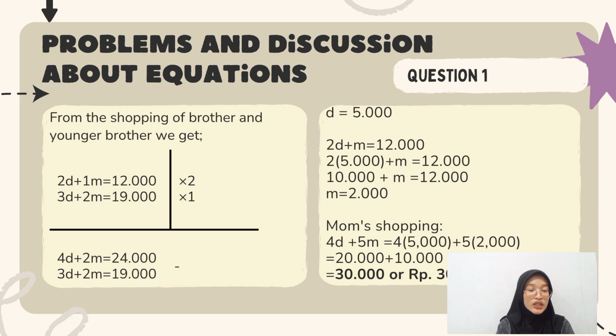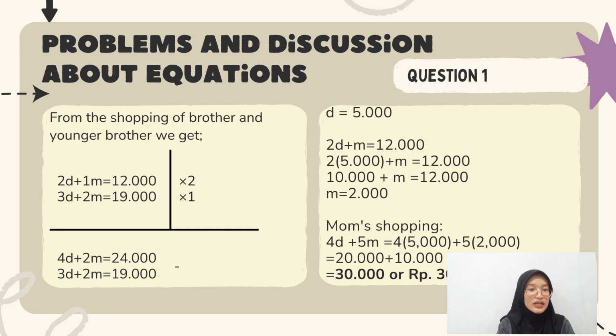M equals 12,000 minus 10,000. So we get M equals 2,000. So from the equations above, we get D equals 5,000 and M equals 2,000.